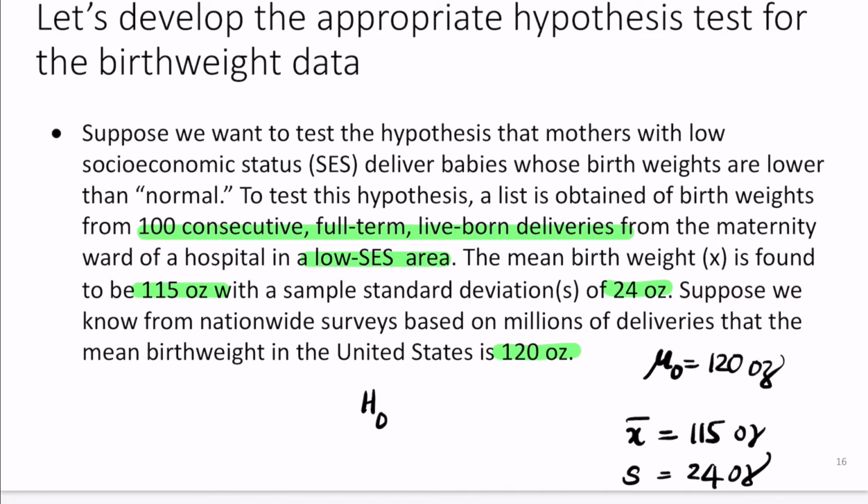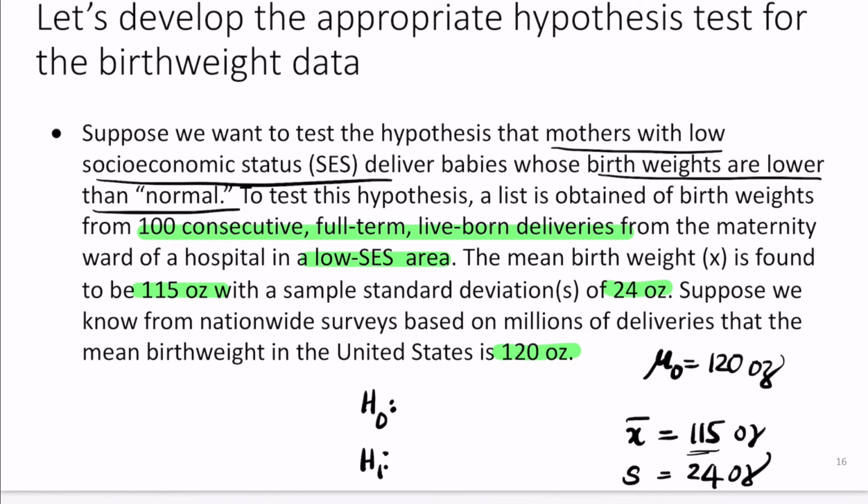So now, what is H naught and H1? What is the alternative hypothesis and what is the null hypothesis? In this example, 115 says that this is a low socioeconomic status area. So the hypothesis is that mothers with low socioeconomic status deliver babies with lower than normal birth weights.